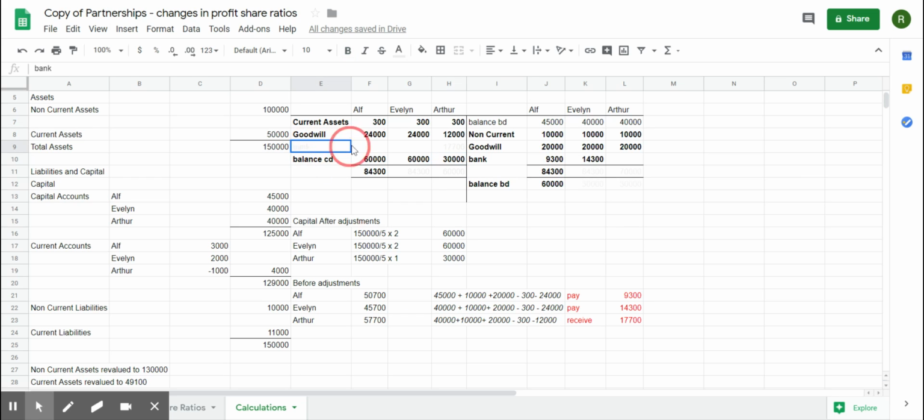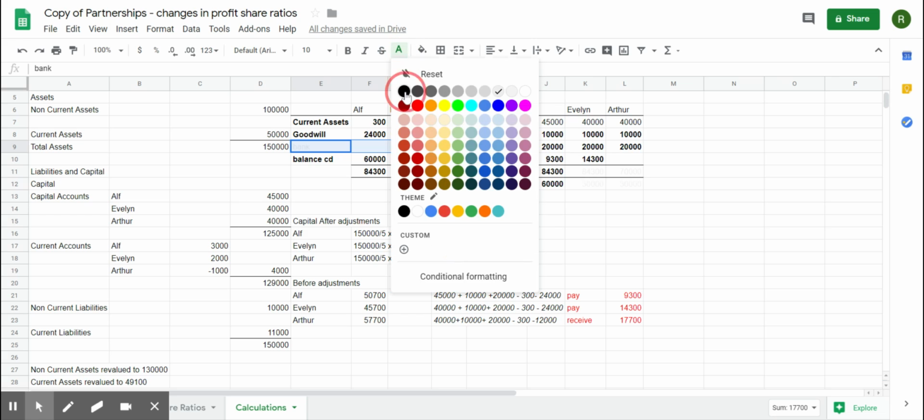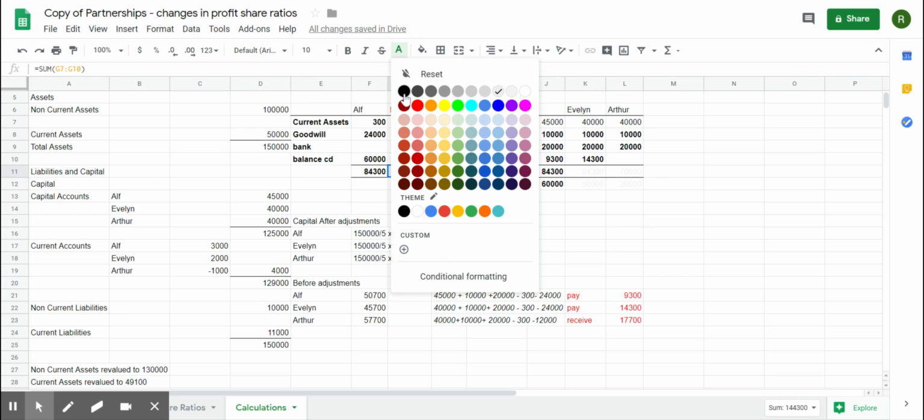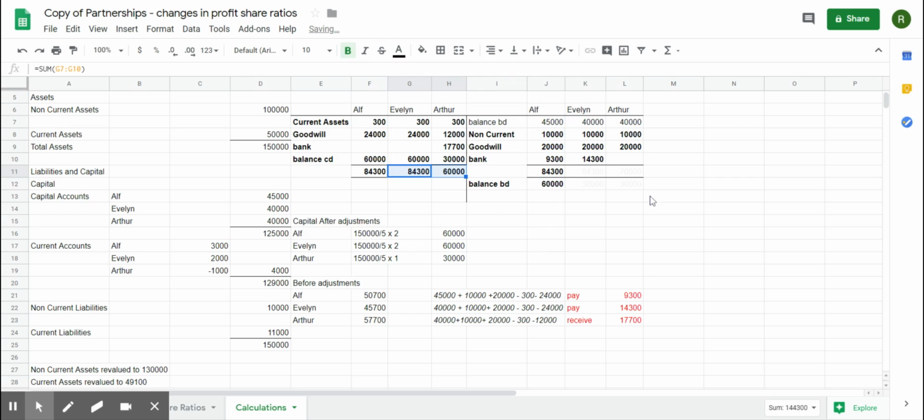And in Arthur's case, he needs to reduce his capital. So he needs to take some money out of the business. He needs to take out 17,700. Okay, and if we now have a look at the other two partners, hopefully now their accounts are going to balance off.